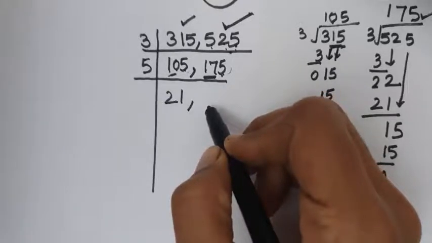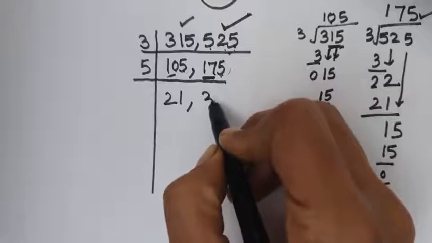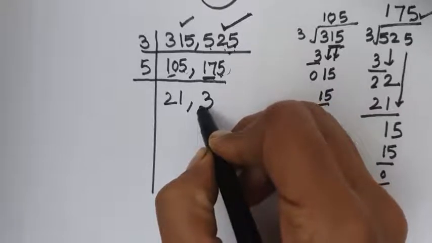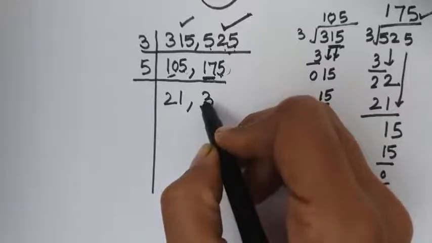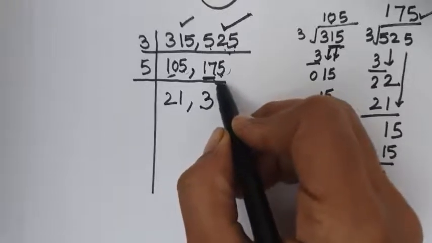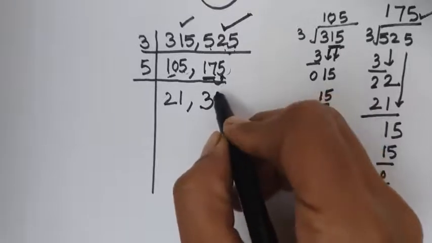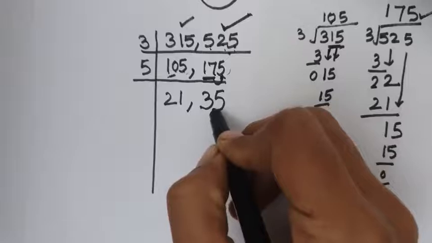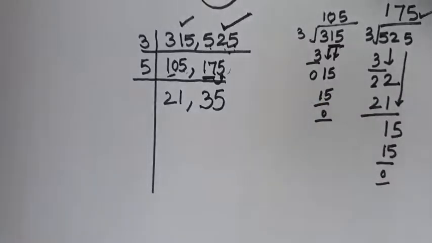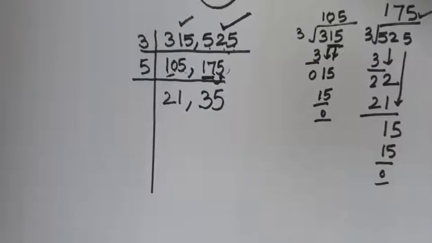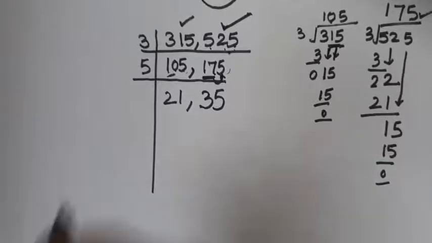Listen carefully. 5 3 is 15. So what will the remainder be? Yes, 2. 2 and 5 will join, become 25. And 5 5 is 25. See, it's very easy. You start practicing. After 2 or 3 days, you will also start doing it like this.